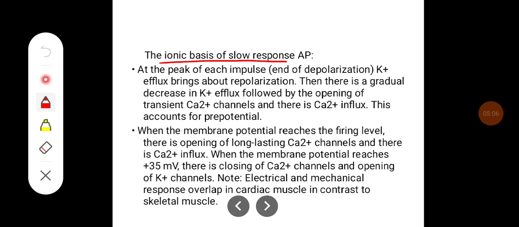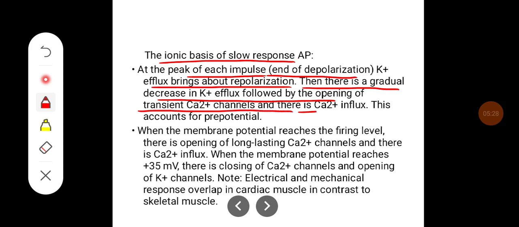The ionic basis of slow response action potential is that at the peak of each impulse, that is the end of depolarization, potassium efflux begins. This efflux brings about repolarization. Then there is a gradual decrease in potassium efflux followed by the opening of transient calcium channels and there is calcium influx, and this accounts for the prepotential.